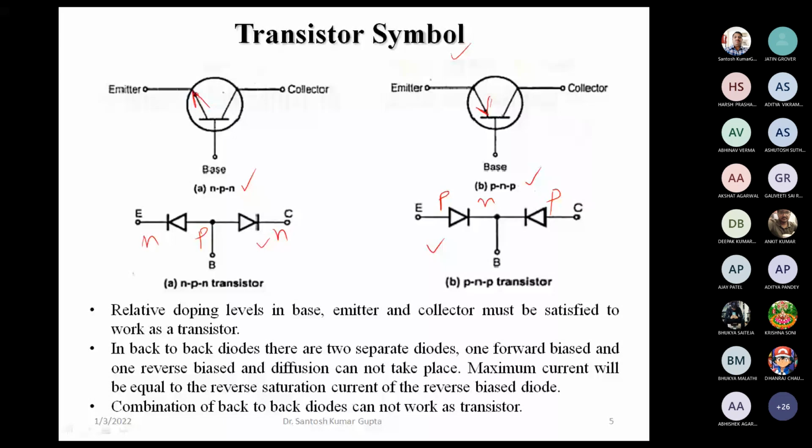These junctions behave similarly to diodes when they are forward biased or reverse biased, and we can understand the working of this transistor by relating its behavior with the diode characteristics. So these characteristics we shall resume in the next lecture. With this, we stop here today.